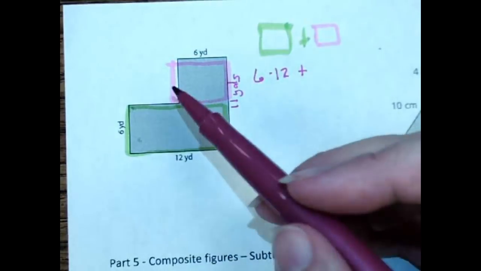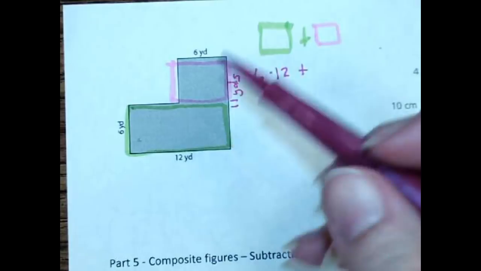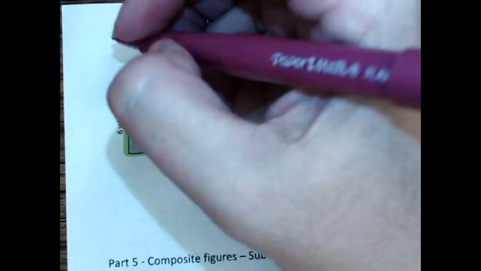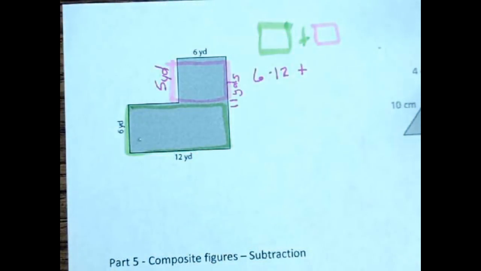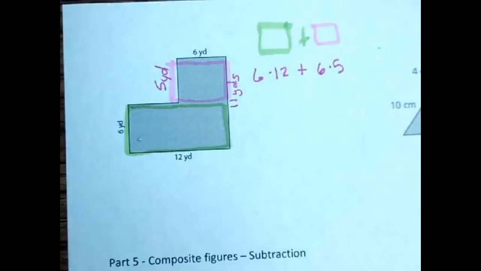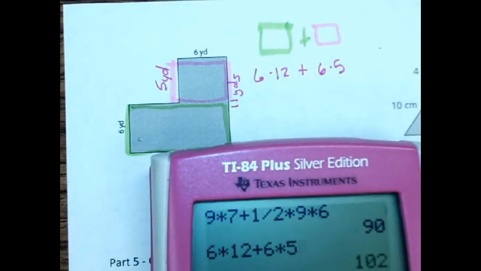So we have to figure out what this side of the pink one is. This side is 11 and this part is 6, so the pink part has to be 5 yards, because I just subtract them. So the pink one is actually 6 times 5. Now I've written it all out, so I can use my calculator, and I get 102.